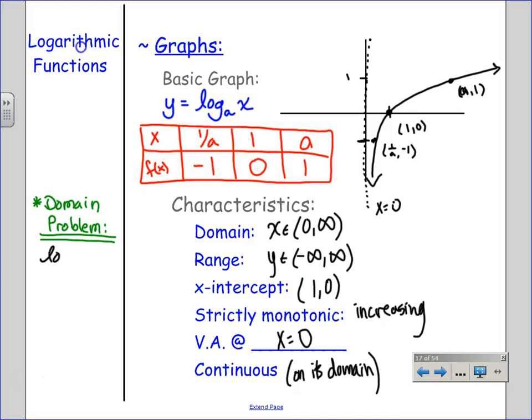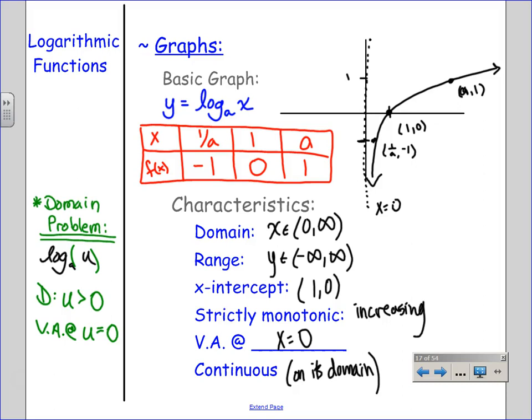Logarithms. Log base a of u. Doesn't matter the base. Any logarithm, including ln, whoever's on the inside, the domain says that must be greater than 0. All because there's a vertical asymptote where the argument equals 0.